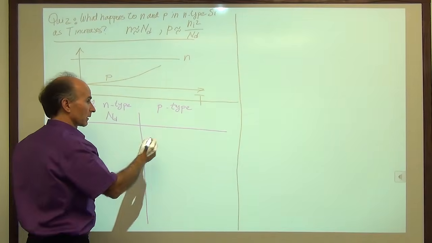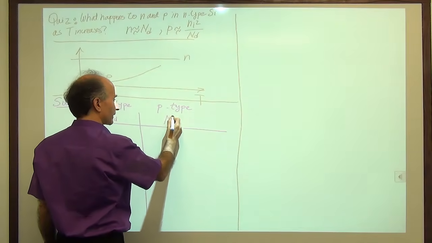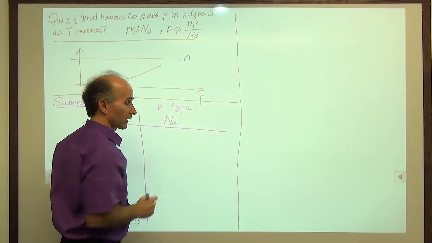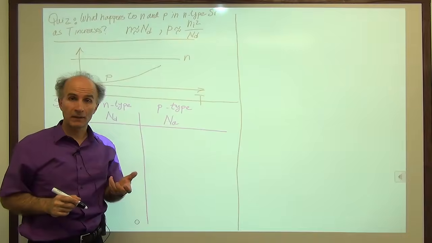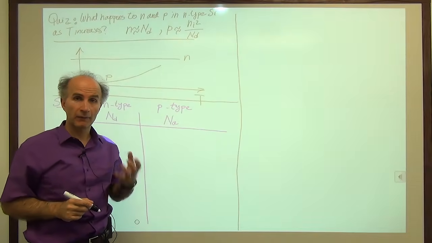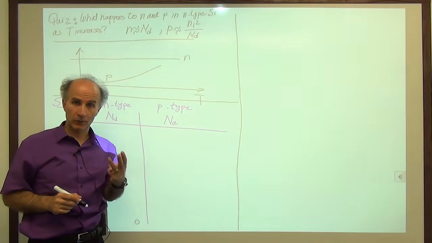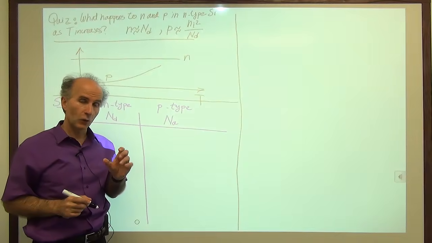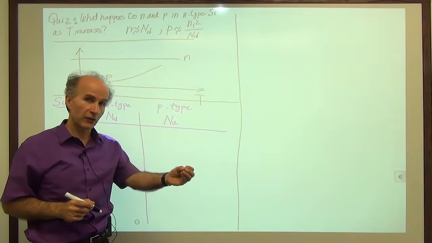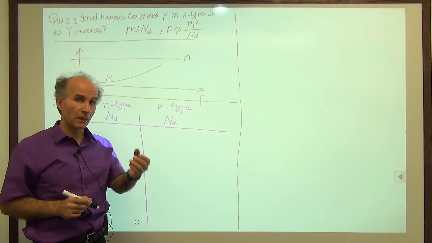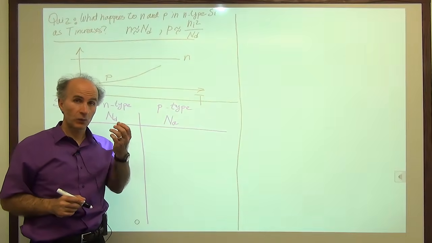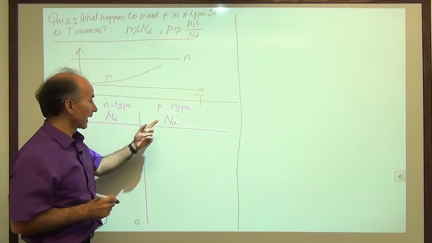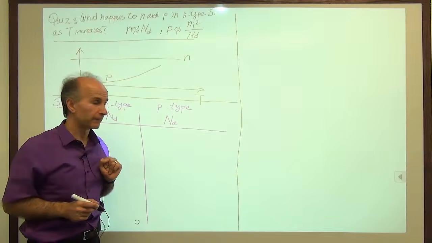In a P-type material, we come along and add acceptor atoms, atoms that have deficiency in the number of electrons. They have 3 electrons, for example, in the last orbital instead of 4. So when they form a bond with the adjacent silicon atoms, we are missing an electron, so we have a hole in there. And this is called Na.